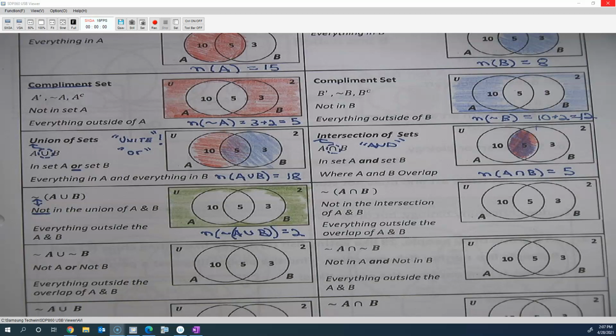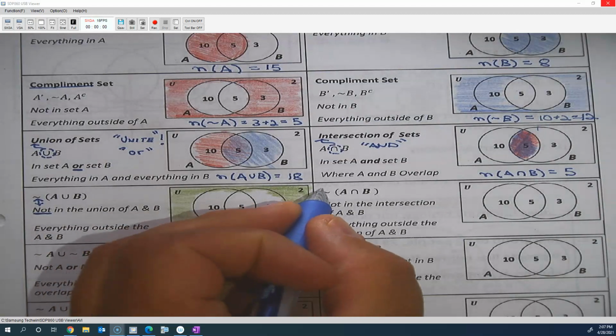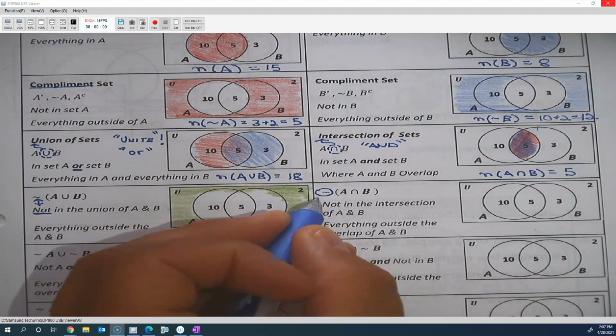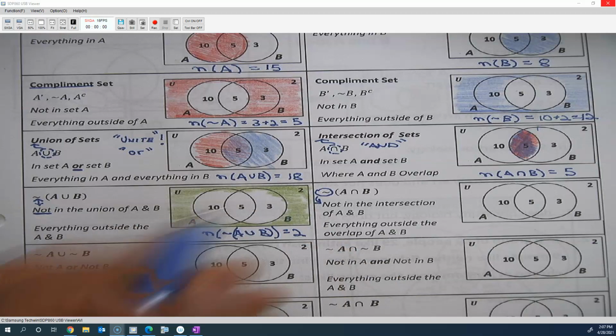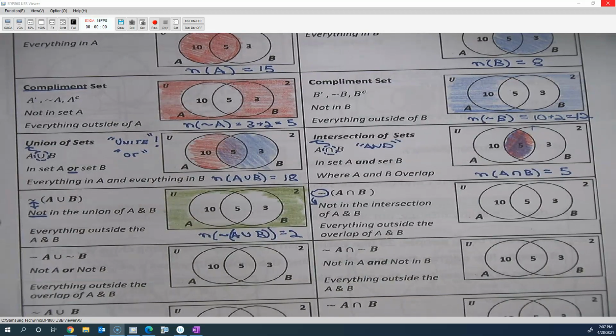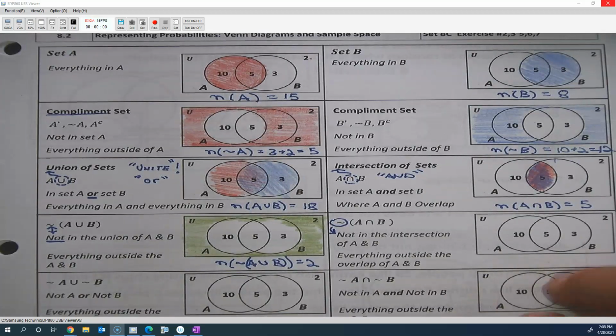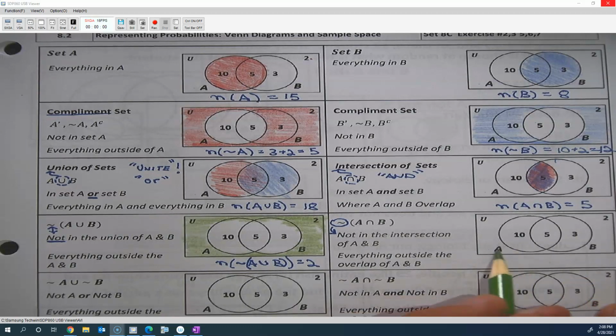Okay, so this other one here is not the intersection. So now that's everything outside the intersection of these two.